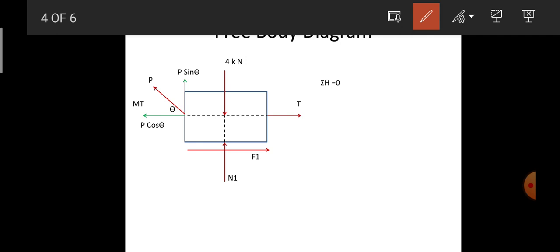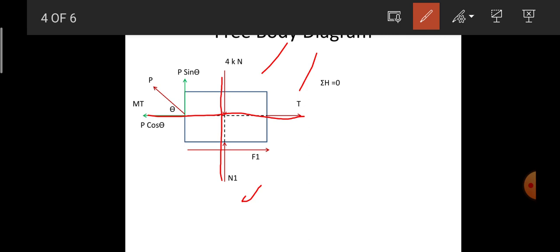So 4 kilonewton is exactly on the y-y axis, and T is exactly on the x-x axis. T is the tension force due to the cable, and N1 is the normal reaction. The 4 kilonewton is exactly on the y-axis because it lies on the horizontal plane without any inclination.